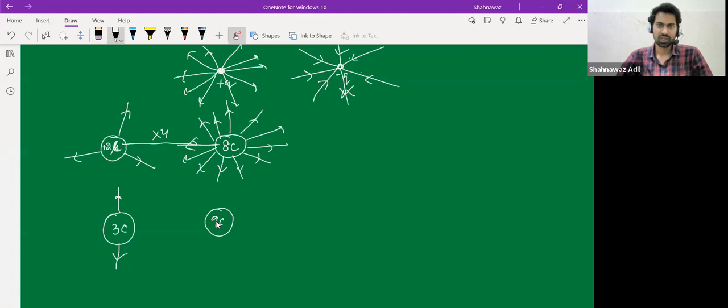You have 2 lines for this 3 coulomb charge, so how many lines for this 9 coulomb charge? 6. Yes, absolutely correct. So we have 2 and this is a multiple of 3, so 6.